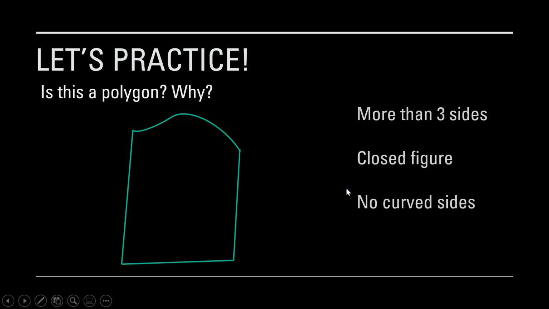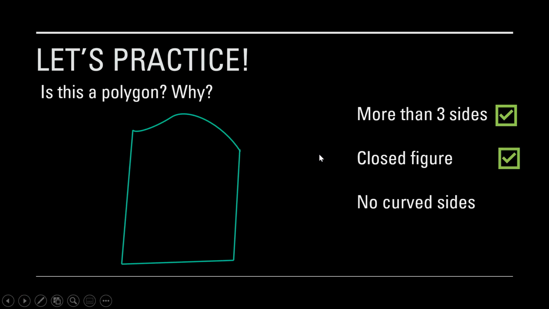All right, let's look at those 3 rules again. First, I need to know that it has more than 3 sides. Well, I count 1, 2, 3, and 4 there, so it's going to get a check for that one. The next rule is that it has to be a closed figure. I don't see any openings when I look at this shape, so it's going to get a check mark for that as well.